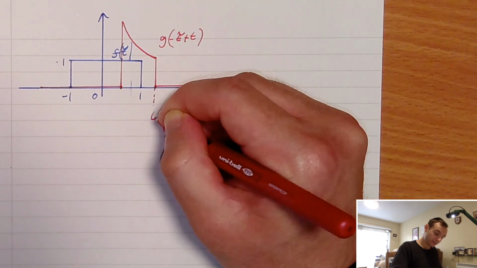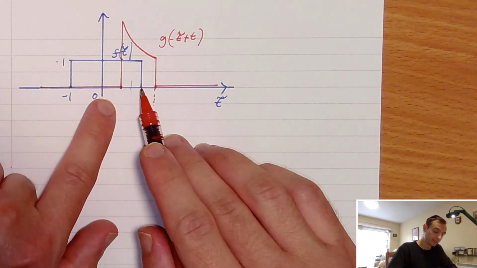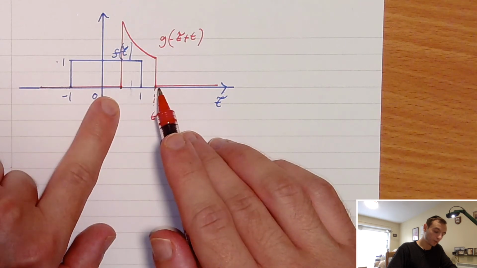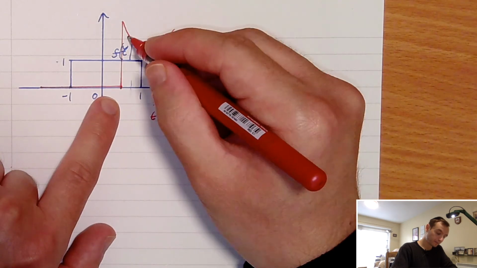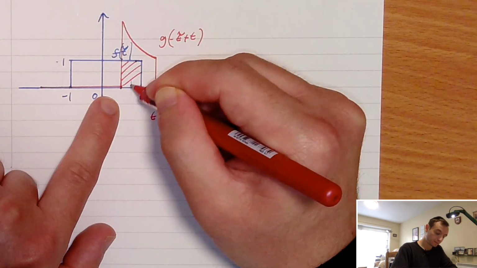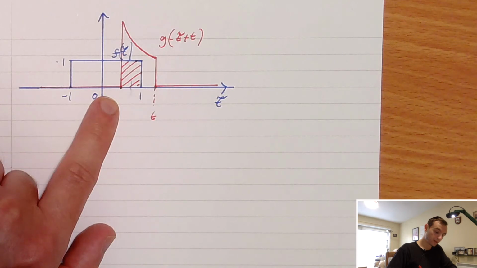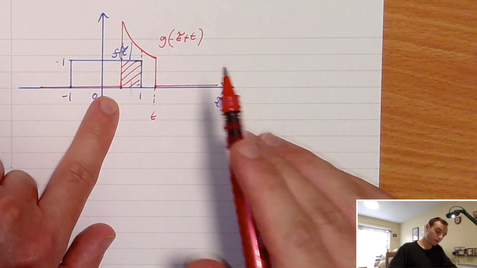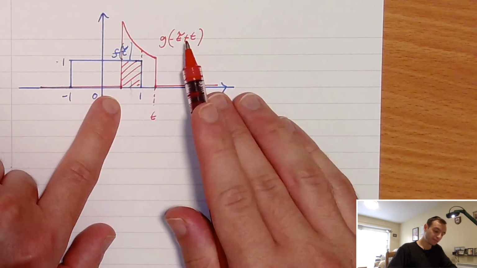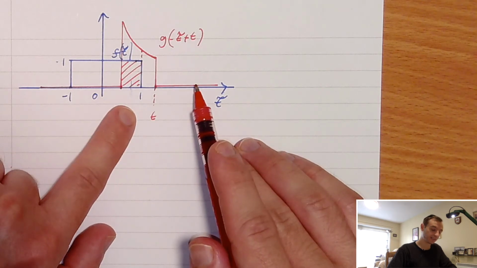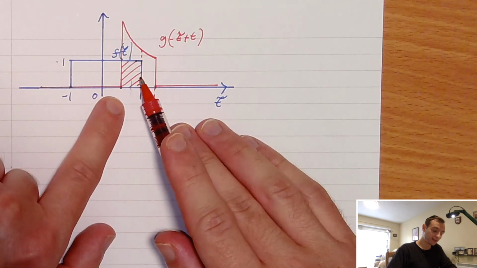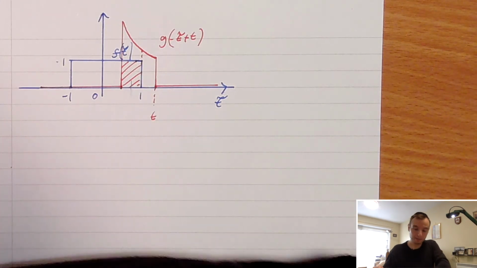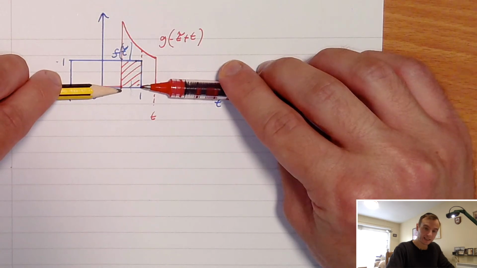So remember, this is the value of t, whatever it is. Now, as t increases beyond 1, we can see that the area of overlap, the magnitude, is going to be over here, up to that point there. Now, we can see that as g of minus tau plus t is increasing and increasing, the magnitude of the area of overlap is going to get thinner and thinner, meaning that this window over here is going to get more and more narrow.